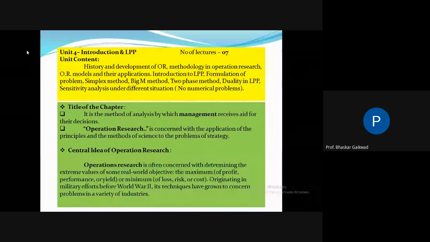After that, in 1948 the English formed a club, in 1952 America formed a society, and in 1953 the Institute of Management Science was founded. Thereafter the concept of OR has been used in industry for the effective use of all resources.